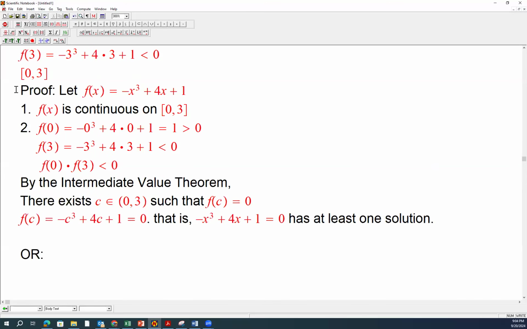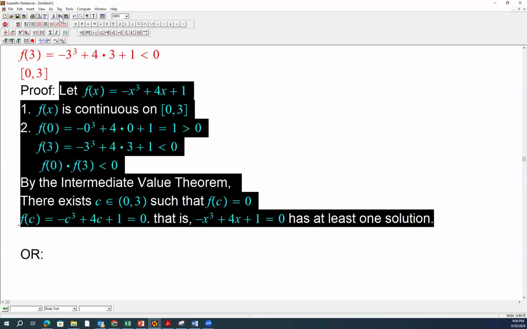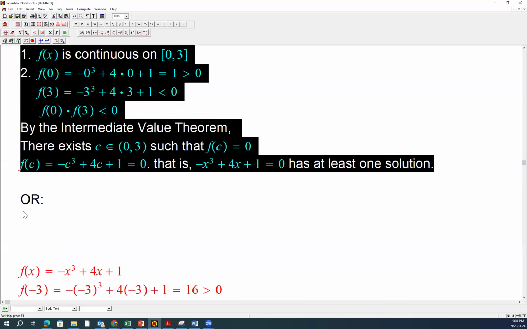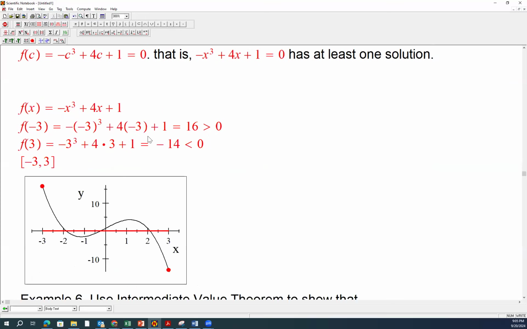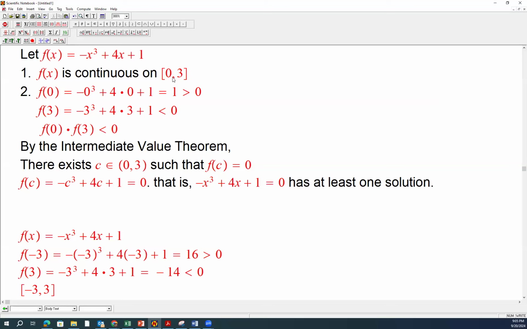And so, another version of proof. That's the change of interval, okay? But in this case, you can see I chose a different interval because I saw the picture. I had a peak, right?